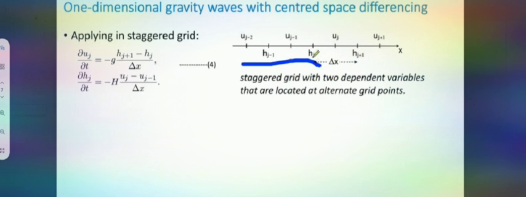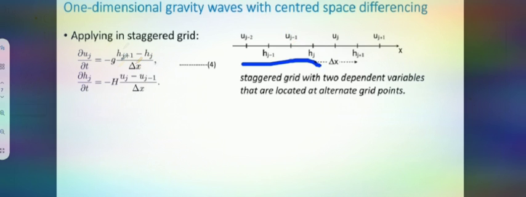If I take this as hj, j plus 1, this is the delta x. In between, the other variable we are storing here. So h is here, and u must be in between. Staggered means they are not supposed to be at one place. They must be distributed.